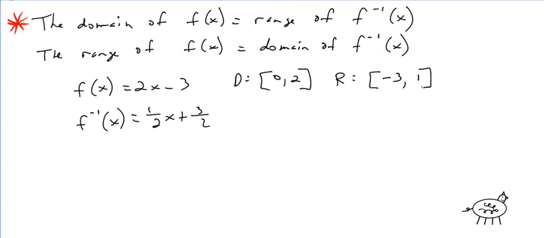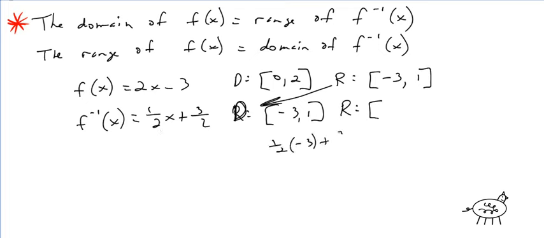Okay? If the domain is the range, and the range is the domain, let's just say then the domain is between -3 and 1, right? Let's put that in there. And let's plug those values in. If I put -3, it's 1/2 times -3 plus 3/2.